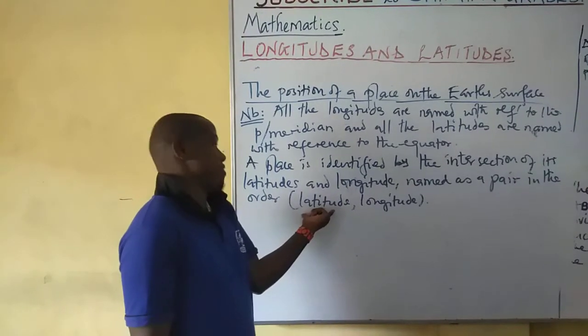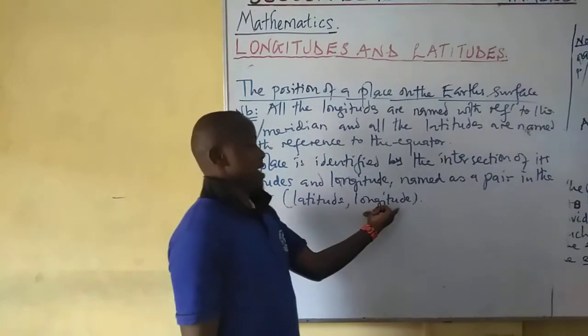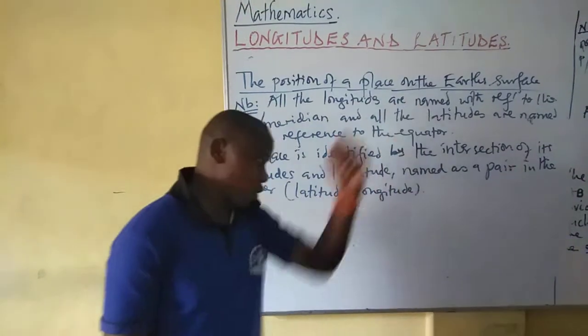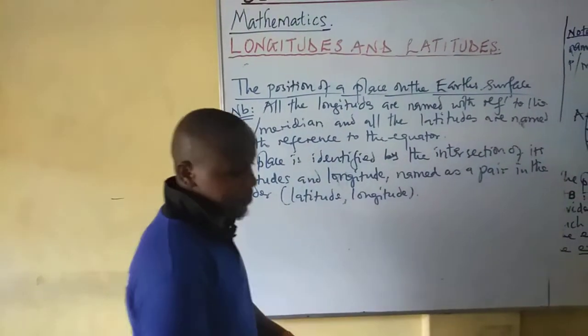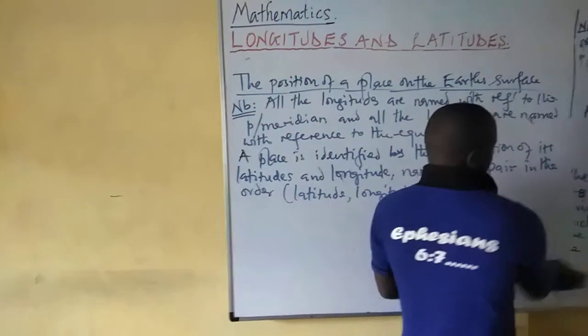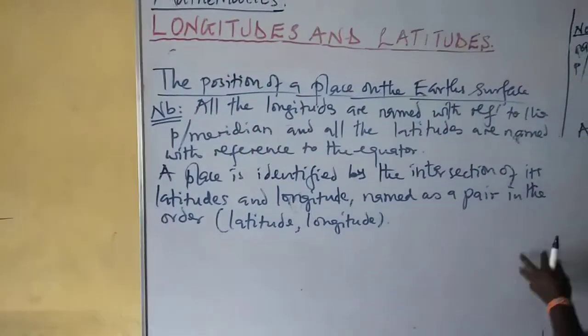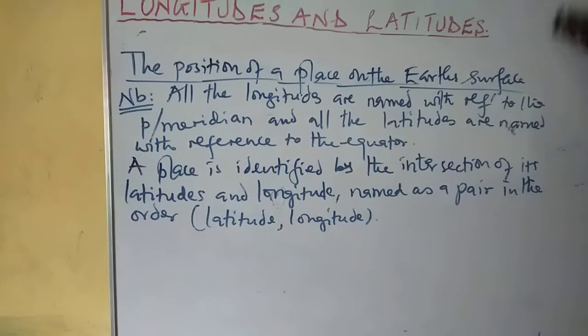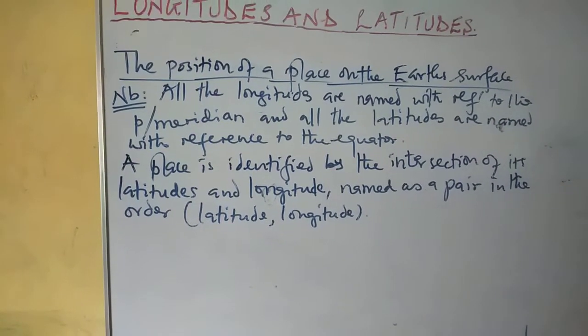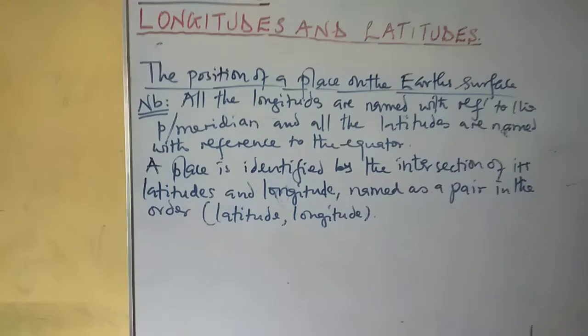You begin with the latitude, then the longitude. This is what we are saying. I want you to capture the explanation well. Let me give a good illustration of that.